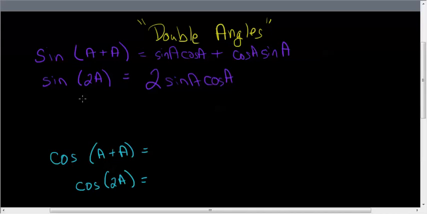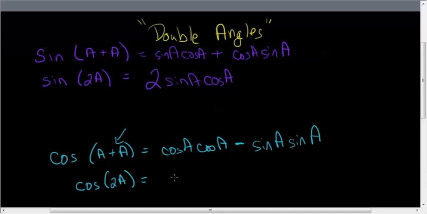Well, the cosine of A plus A becomes cosine of the first one, cosine of the second one, but that's the same angle. Remember, the cosine gets the negative, minus sine of the first one, sine of the second one, but that's the same angle.